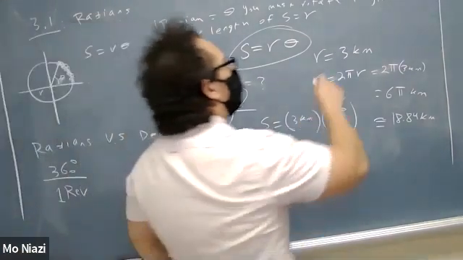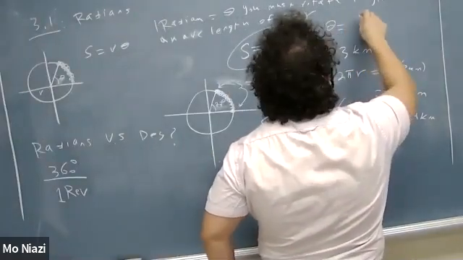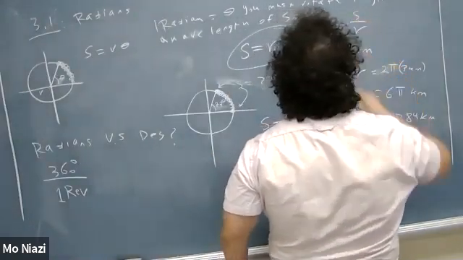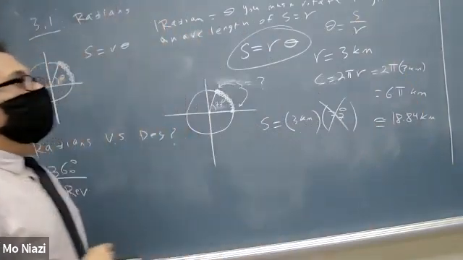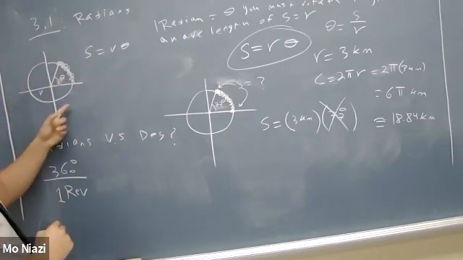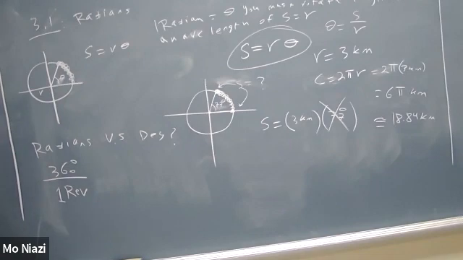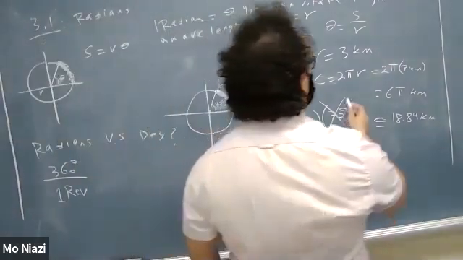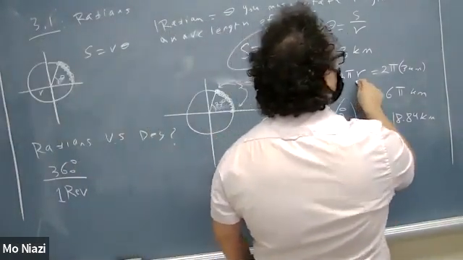Well, theta is equal to S divided by R, right? Notice that when S is equal to R, you get theta is equal to 1. So you've only moved 1 radian. But to move the full circle, we say that you move 2 pi radians, because the circumference of a circle of radius 1 is 2 pi.